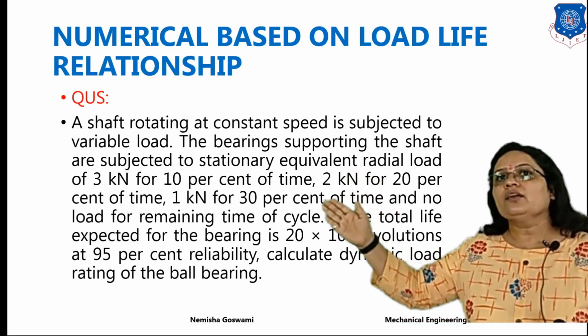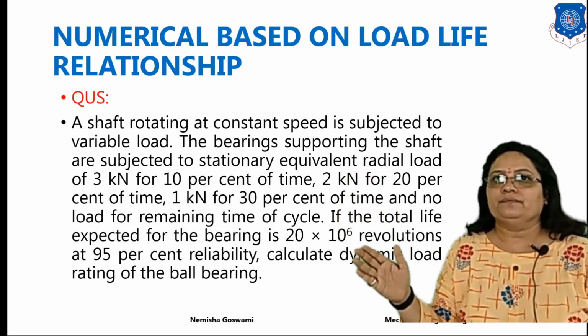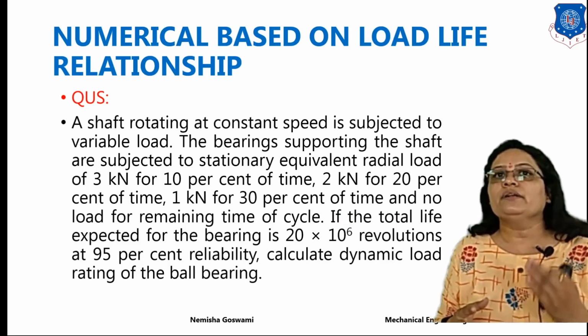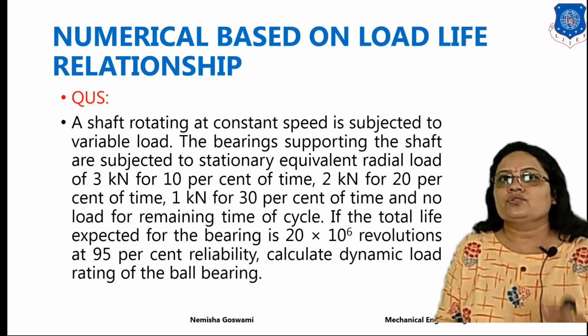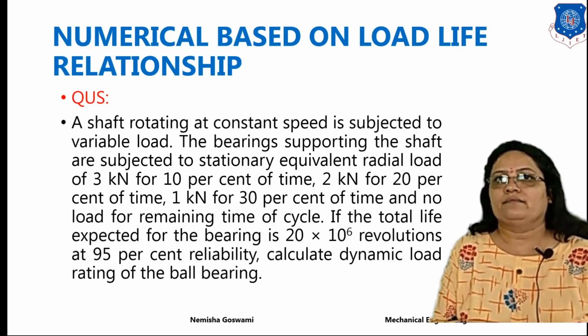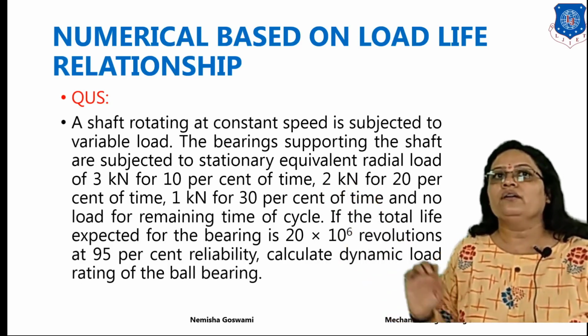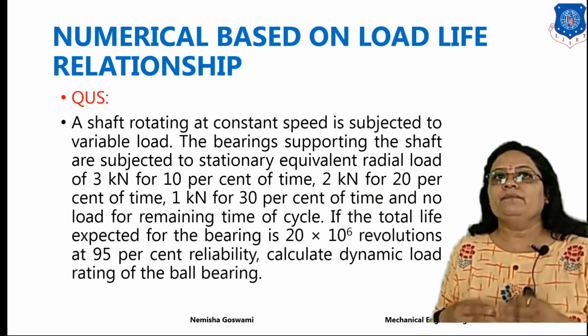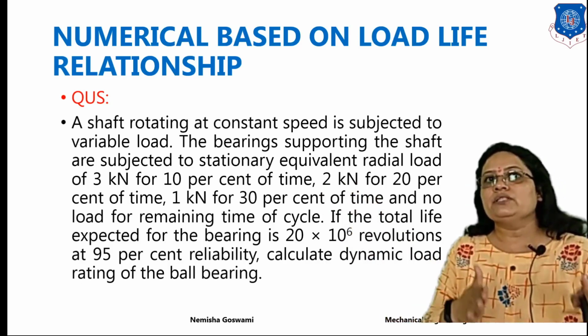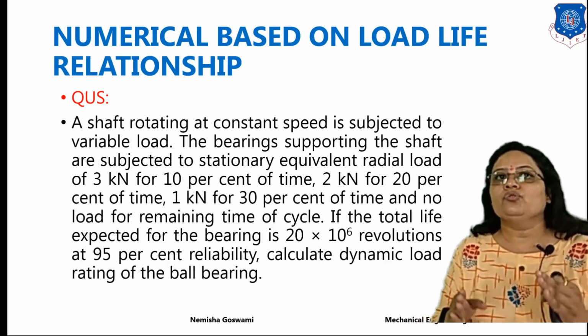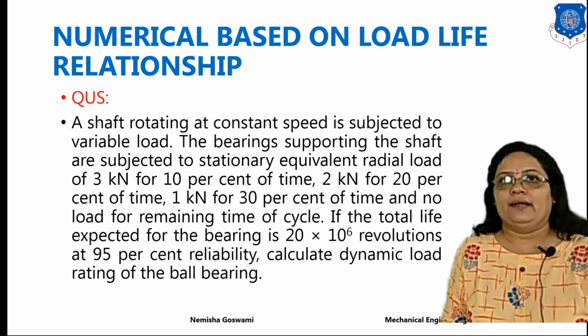So 3 kilonewton is applied for 10% of time, meaning N1 is equal to 0.1 N. Similarly, the second condition is 2 kilonewton for 20% of time, meaning W2 is equal to 2 kilonewton and N2 is equal to 0.2 N.